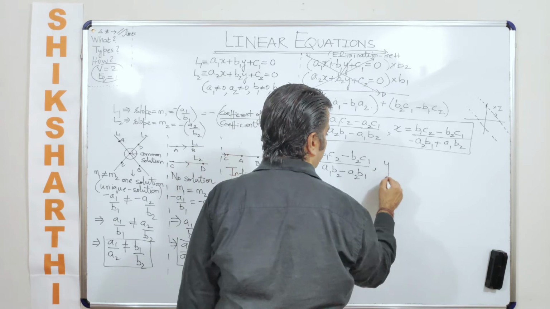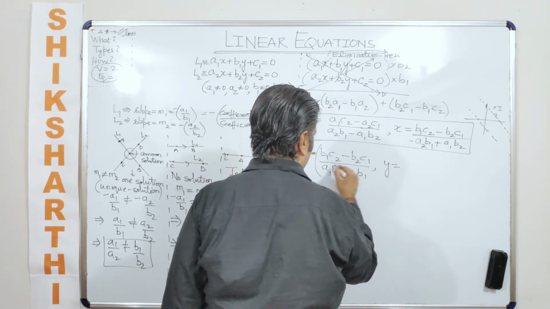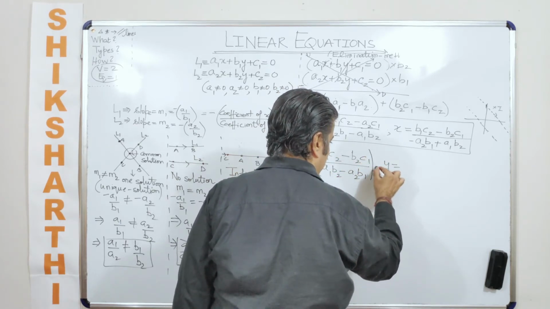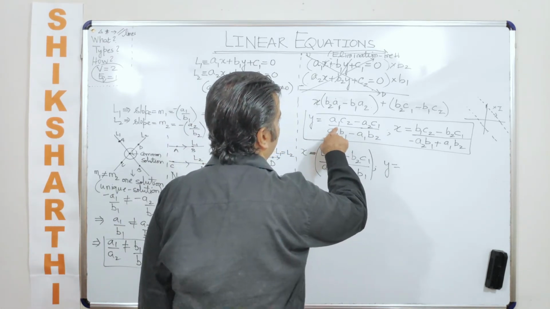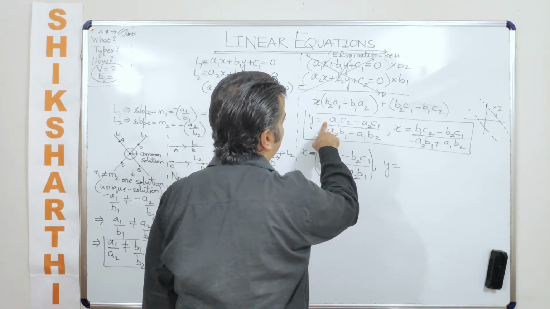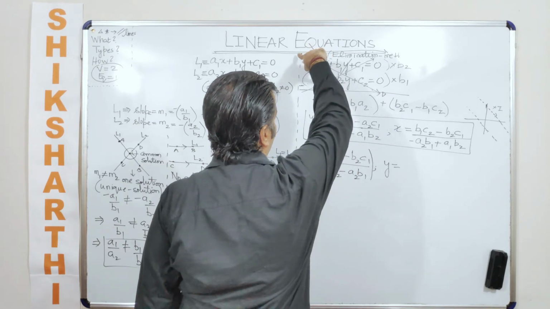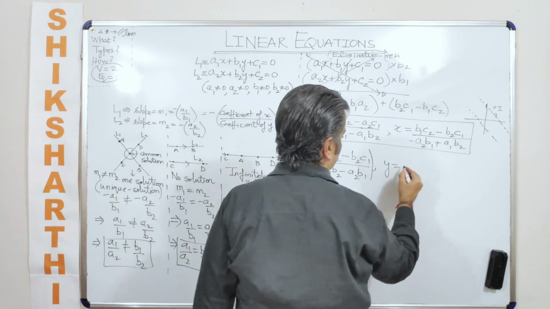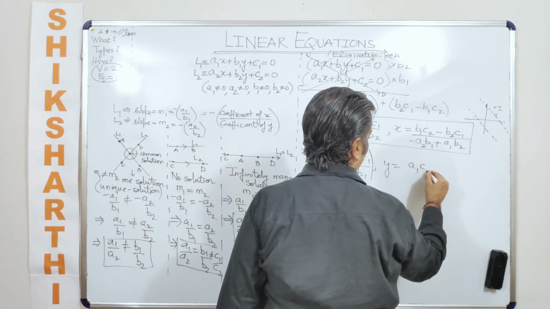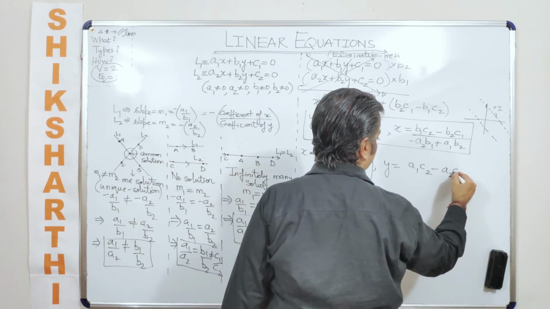Now when you're talking about y, you will see that the numerator has what? A1 C2 minus A2 C1. So you're coming from top to bottom only, bottom to up, which is A1 C2 minus A2 C1.